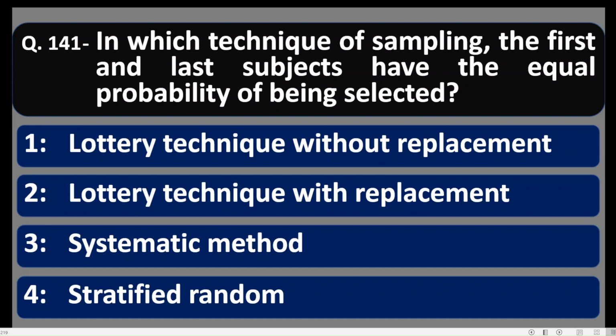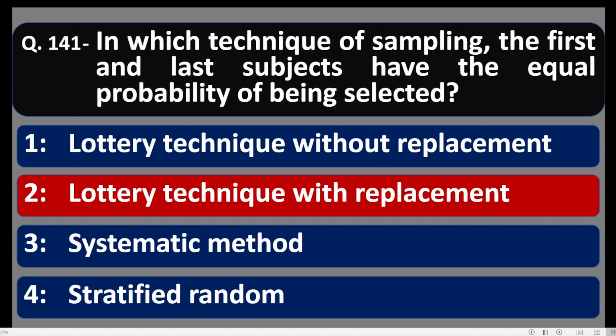Friends, it happens in lottery technique with replacement that the first and the last subjects of the population have equal probability to be selected in the sample. Because in this technique, first of all, the chits showing the name or number of the subjects of the population are prepared. All the chits are put in the box.